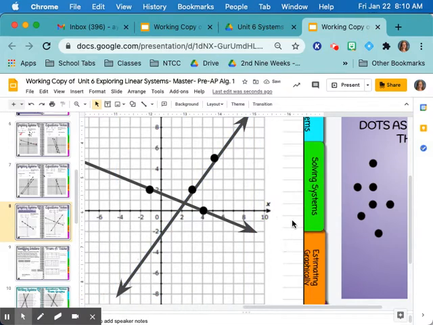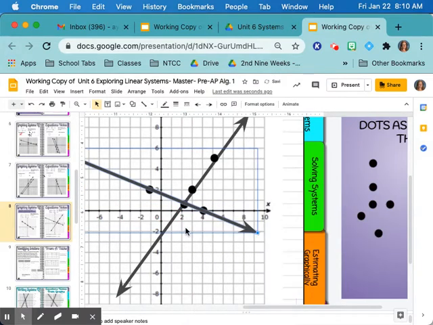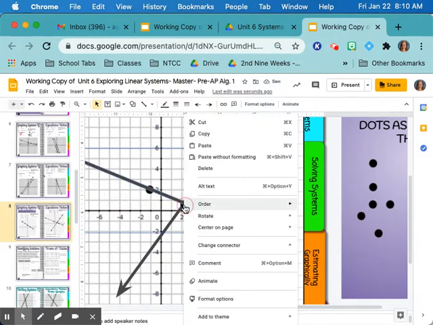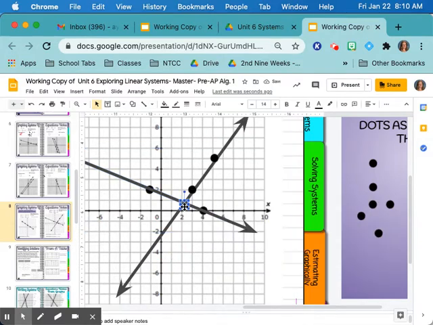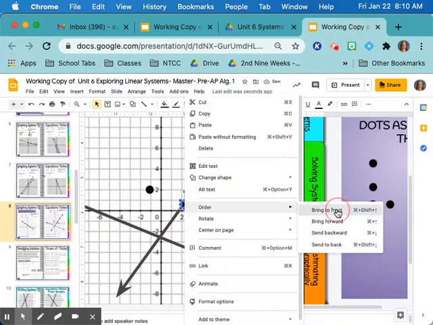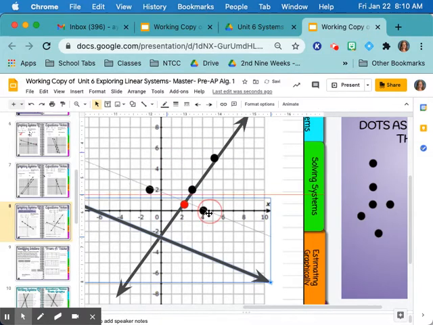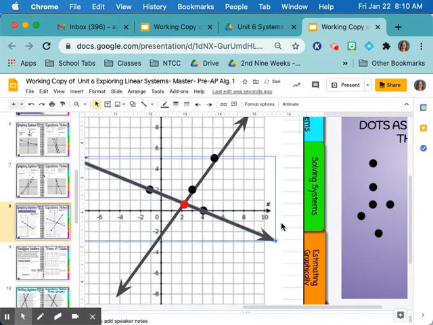And that's it. So we do need to put a point of intersection right here. I need to bring that to the front. Oh, no, I want to bring that point to the front. Why does it not want to bring it? I'll bring this to the front and change the color to red because that's my point of intersection. And then put this line back. Okay, there we go.